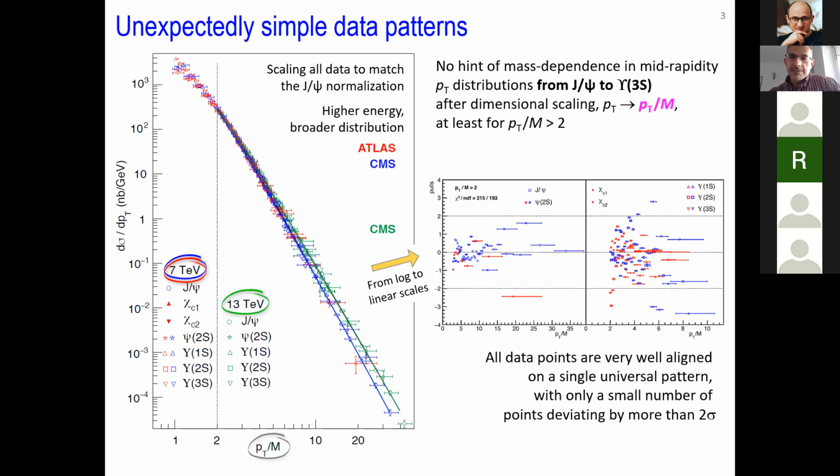And so there is an evidence of the fact that after making this dimensional scaling from PT to PT over M, at least for PT over M bigger than 2, even if things are not so bad even below, there is no hint of mass dependence of these PT over M distributions. And this from J psi to Y3S. So there are 7 different states.